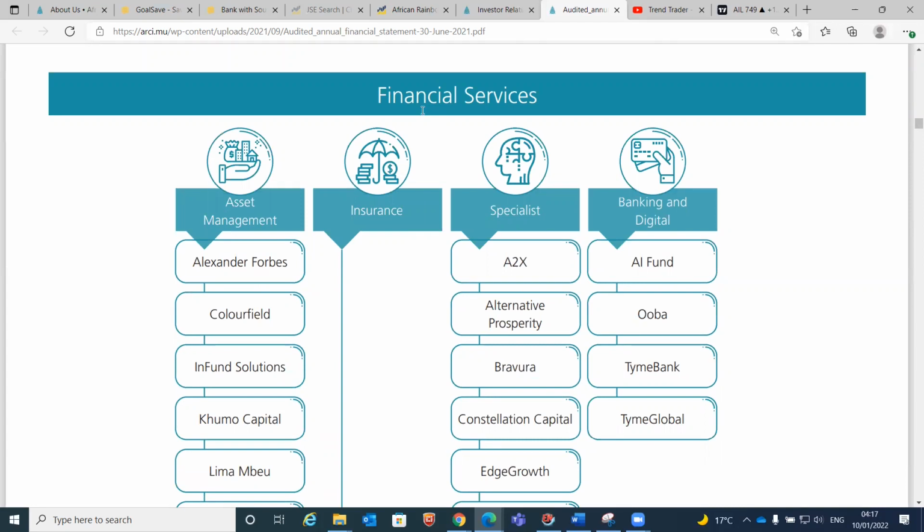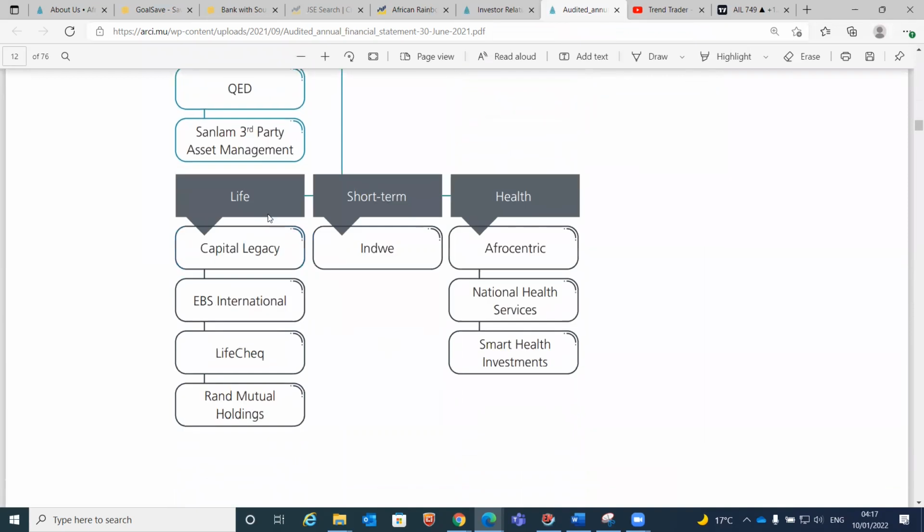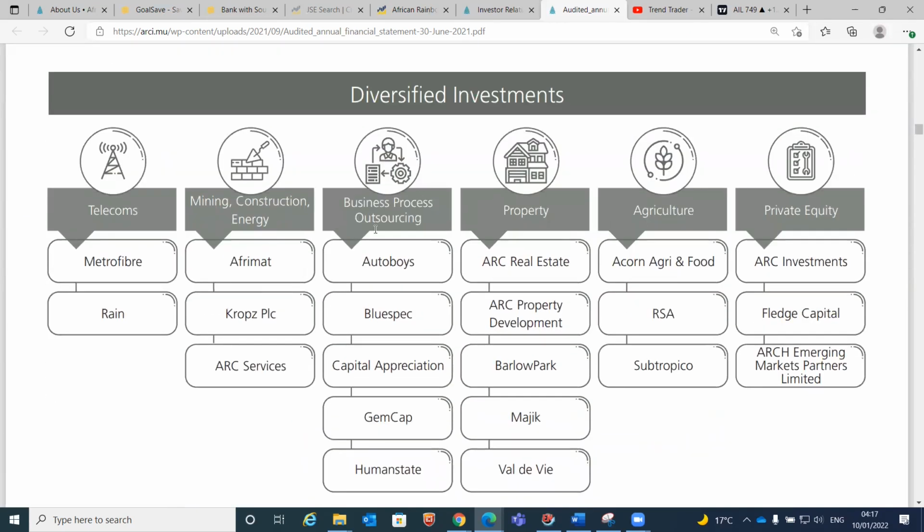Okay, right. So now, like I said previously, remember they have financial services and non-financial services. Of the non-financial services, they have banks, telecoms, and other different kinds of investment. But under financial services, that's where we find digital banking, which includes TymeBank and Tyme Global. The other two investments are AI Fund and Uber. Then they've got other different kinds of services as well, which are not the focal point of this video.